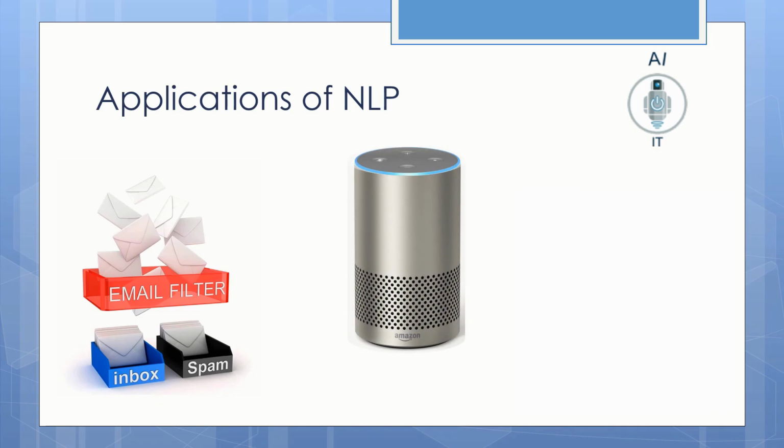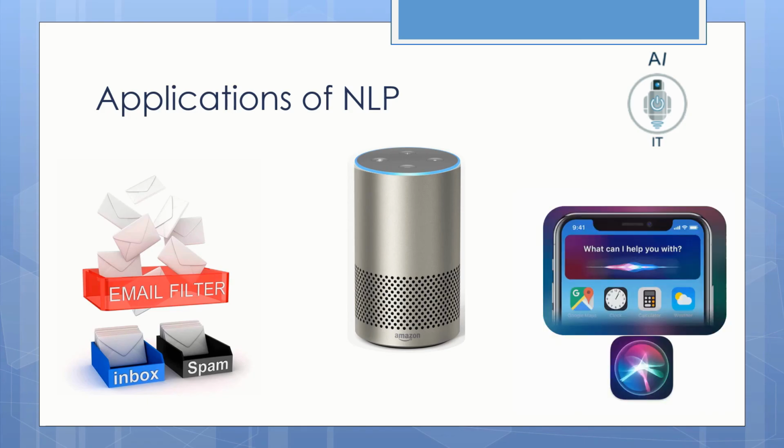We also find smart assistants which recognize the patterns in speech and then make some meaning out of it and provide us a suitable response, like Amazon's Echo, that was previously known as Alexa, or Siri, which is the voice assistant, right? So these are examples of the applications that come under the third domain, natural language processing.